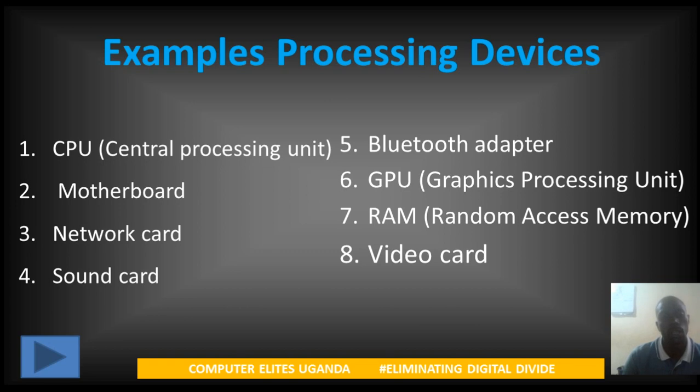We also have a network card, which is also an example of a processing device. The network card is used for networking, exchanging data from one computer to another using an Ethernet cable, or sometimes we call it the network cable, or the UTP, unshielded twisted pair. So we connect it via the network card.